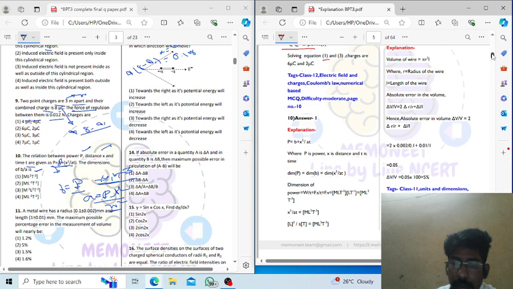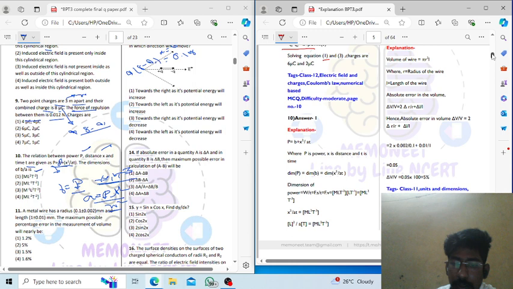This is the equation. So it will become B by At plus x square by At. So the dimension of P is not equal to the dimension of B. The dimension of P will be equal to the dimension of B by At. Okay, so yeah, it is wrongly written here.